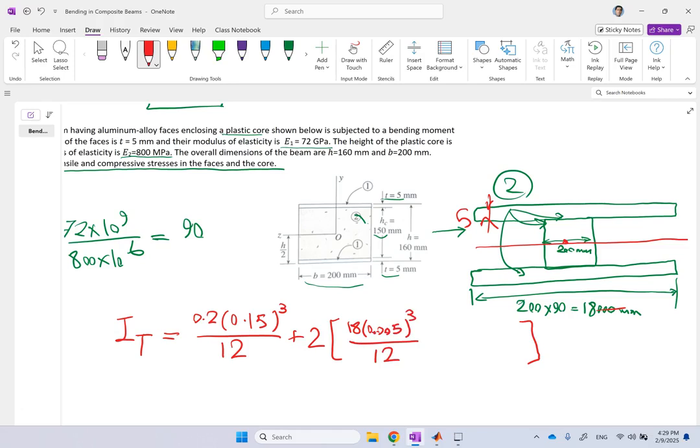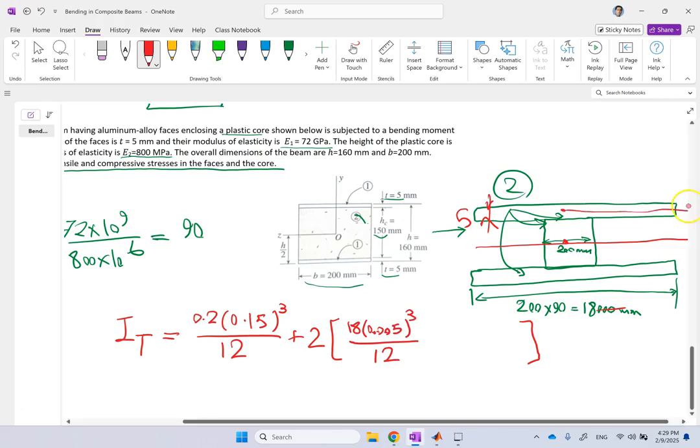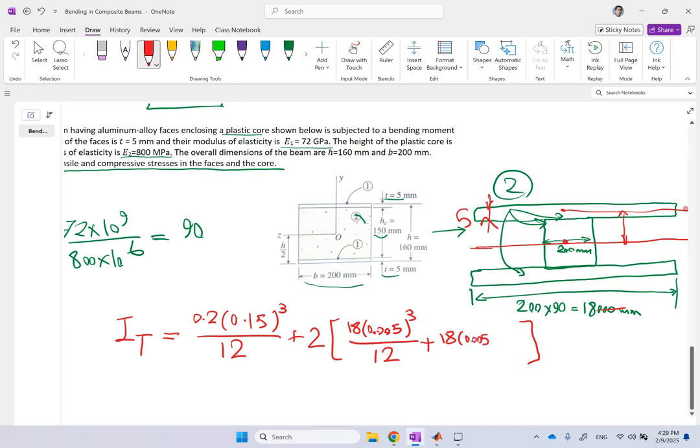This is those with respect to their own centroid, but their centroid is away from the centroid of the whole beam, so you have to use parallel axis theorem. So you multiply their area, which is 18 times 0.005, that's their area, times some distance squared. Which distance? The distance between these centroids. How much is it? Well, this is 150, so half of it is 75, and this is 5, so half of it is 2.5.